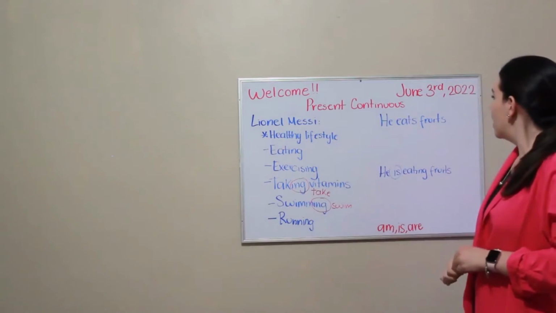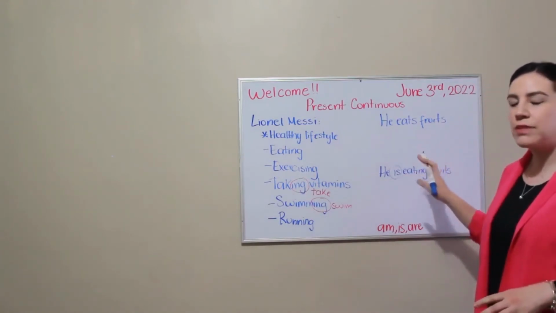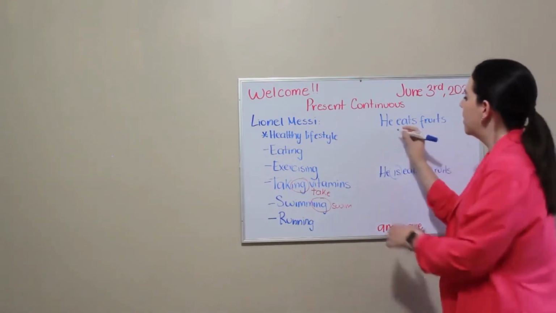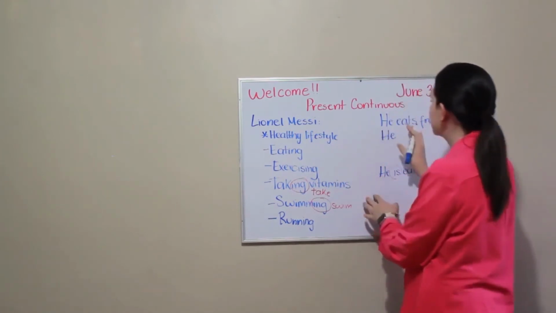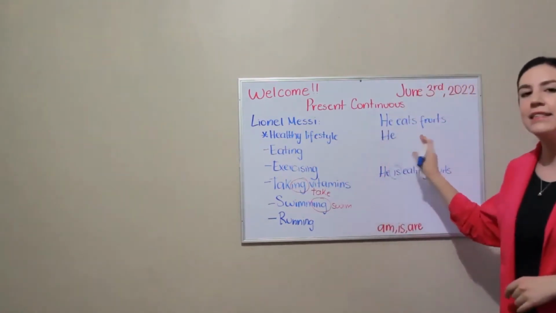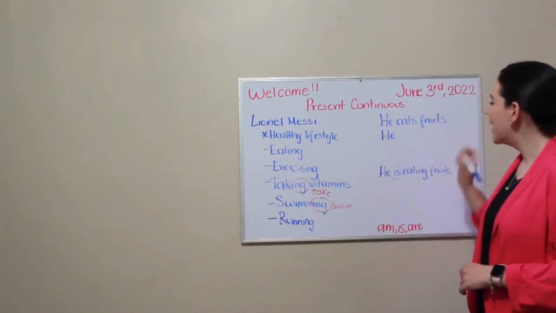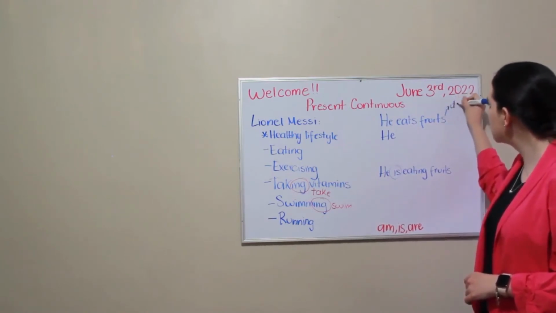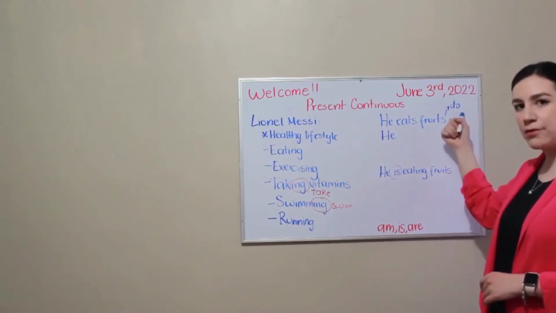Excellent. So what happens if I want to take this to the other forms, negative and question form? What do you think is missing? What word is missing here to make this sentence a negative? Doesn't. Exactly, because over here we're working with the verb do. Alright? Verb to be, verb do.